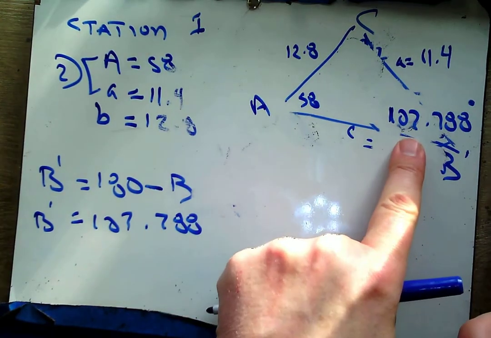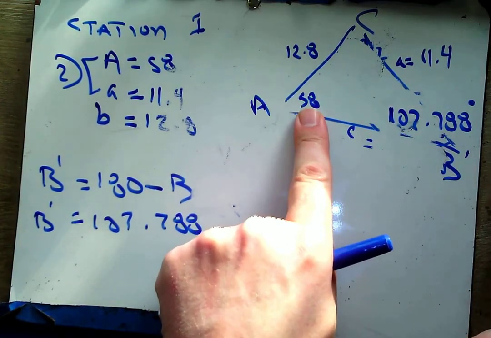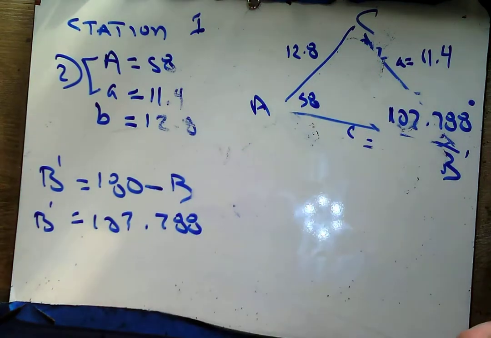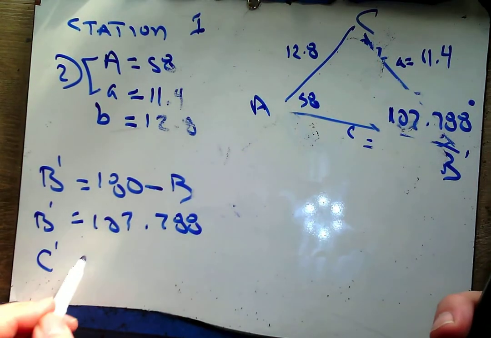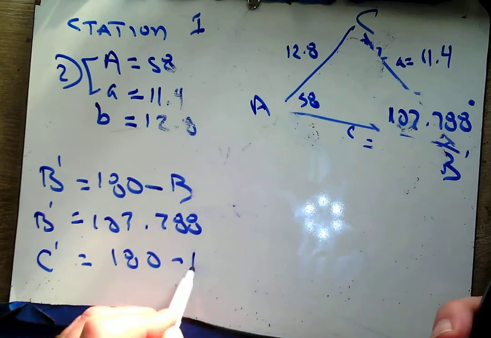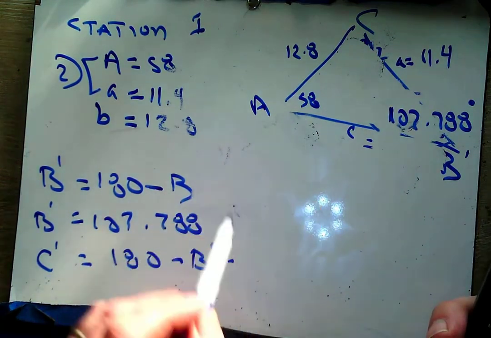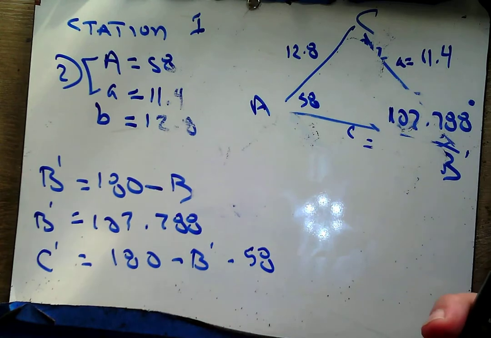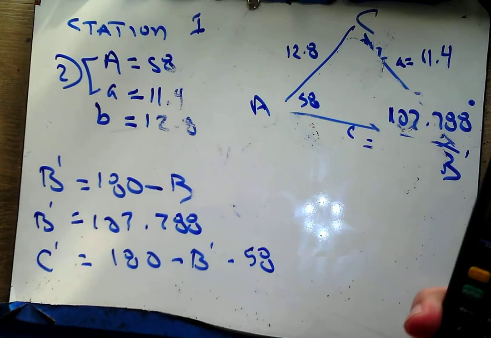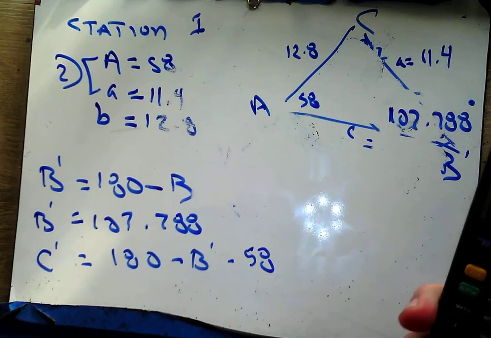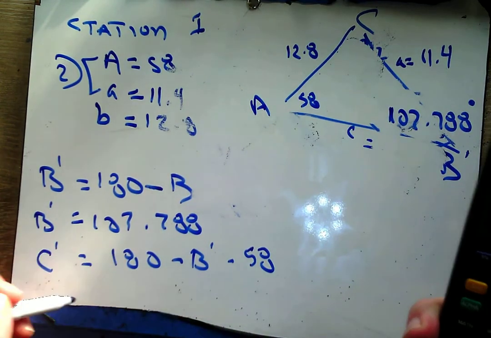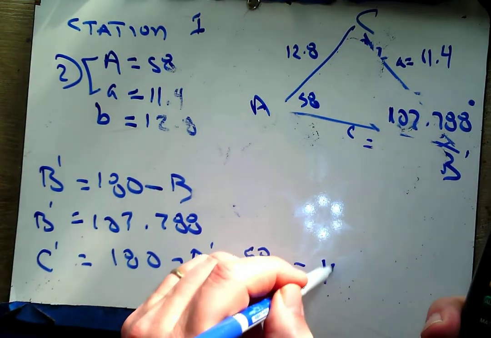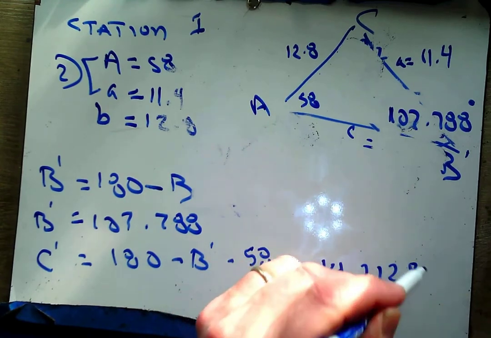If I add B prime plus A, is there room for a third angle there? Is there room for C prime? So C prime is 180 minus B prime minus that given angle, 58 degrees. So if I do 180 minus my B prime minus my 58, I end up with C prime being 14.212 degrees.